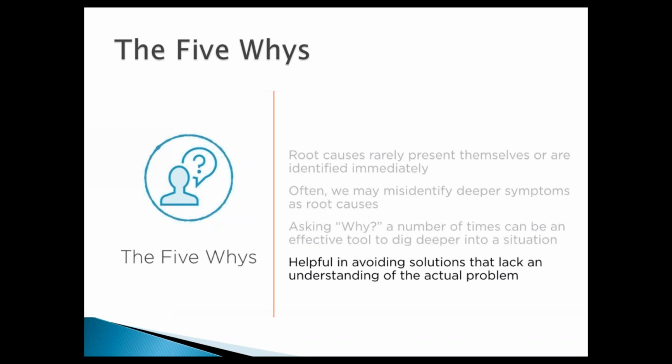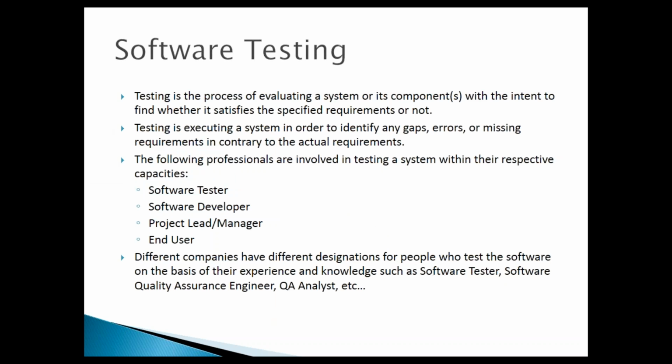It's mainly used to analyze the root cause of a problem statement. Root causes rarely present themselves or are identified immediately. Often we may misidentify deeper symptoms as root causes. Asking why a number of times can be an effective tool to dig deeper into a solution. Helpful in avoiding solutions that lack an understanding of the actual problem.